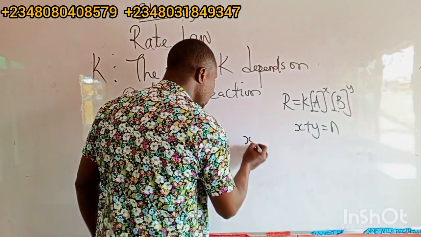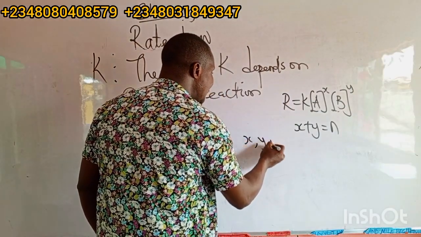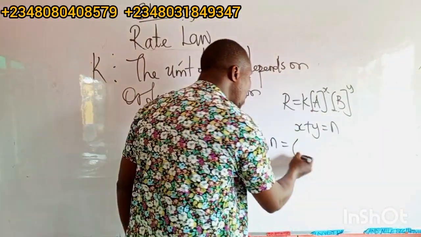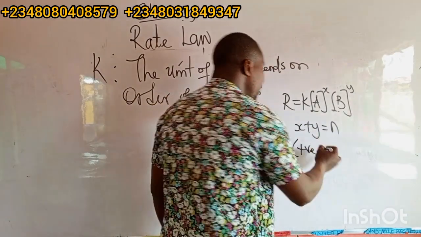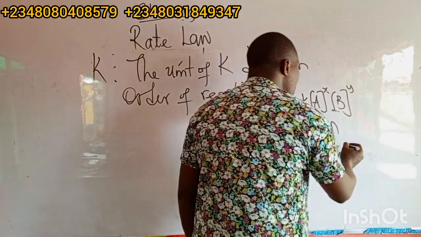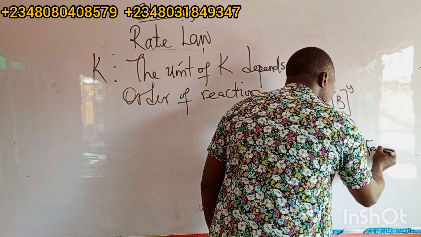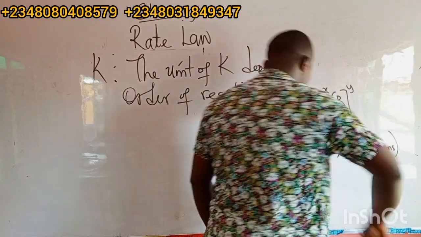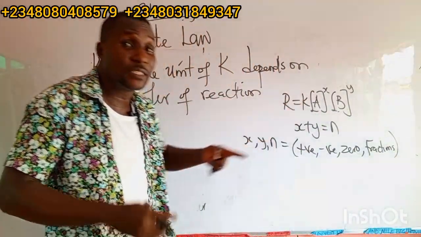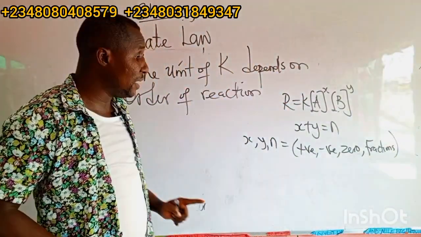Take note, x, y, and n can be positive values, negative values, zero, or fractions. Take note of this. x can be a negative value, y can be a negative value.